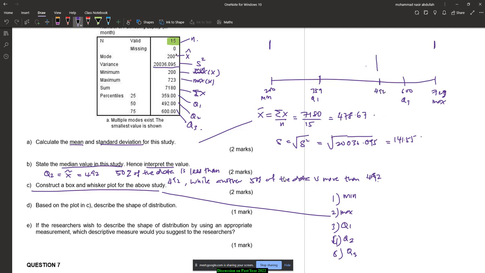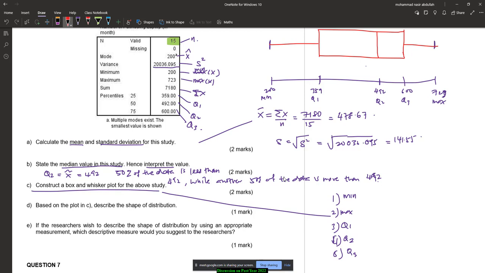This is 492. This is quartile 2, because its distance is smaller compared to this distance. So what we need to do now is try to connect the points. So this is the box, the rectangle, and this is the whisker, and this is quartile number 2. So this is a box and whisker plot.